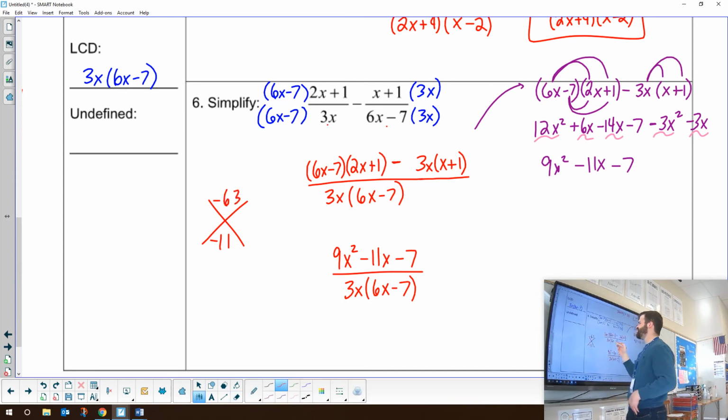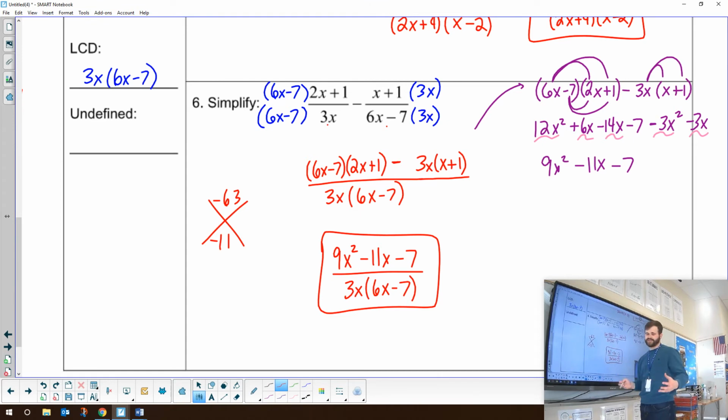We could think of two numbers that multiply to negative 63 and add to negative 11. In this case, the only two numbers that I can think of would be 3 and 21. No, doesn't work. Nothing else works. So anyways, it doesn't factor. So that's just going to be our final answer. Doesn't factor, can't simplify out.